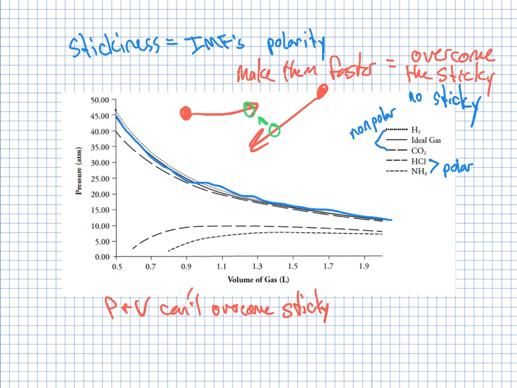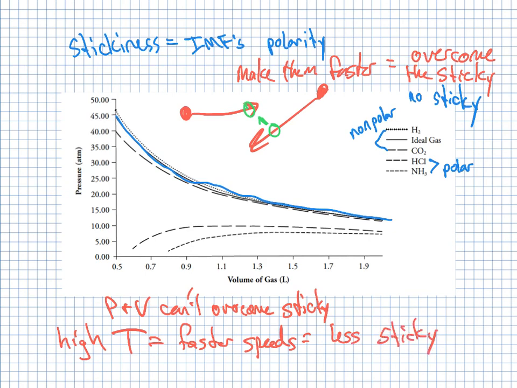How do you make gas particles faster? It has nothing to do with pressure or volume. The only other variable left at our disposal is temperature. Do we want a low temperature or a high temperature? High temperatures equal faster speeds equal less sticky.